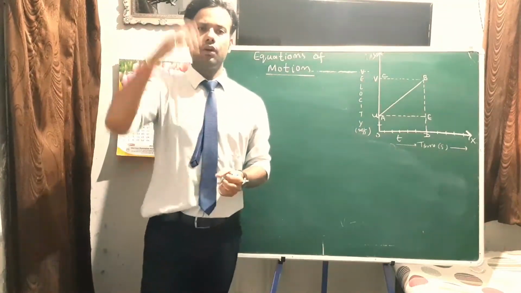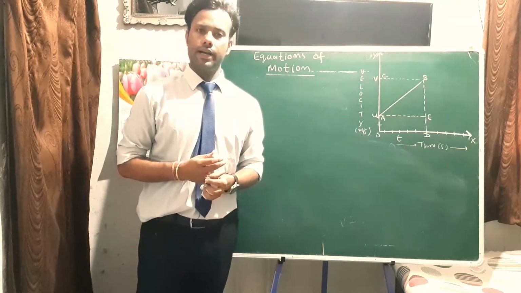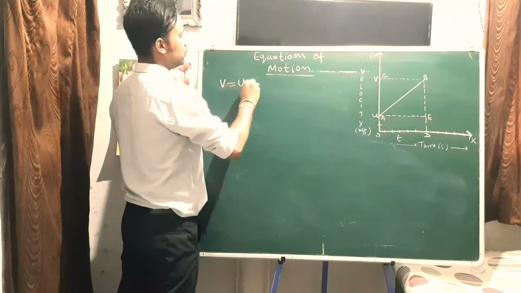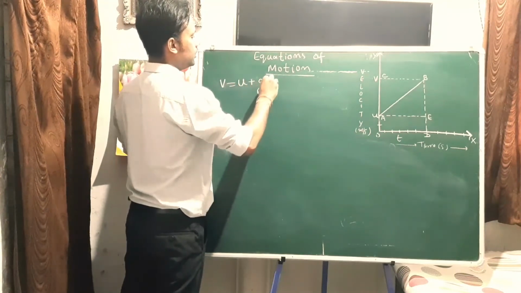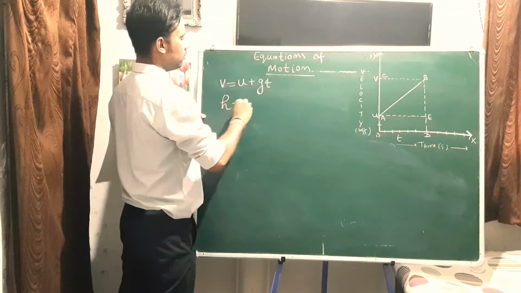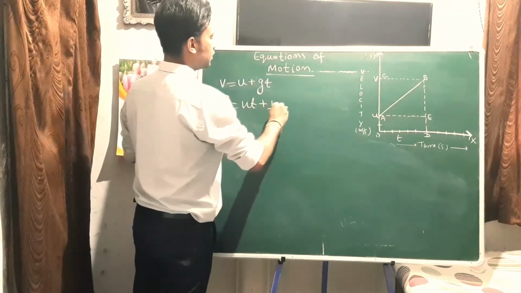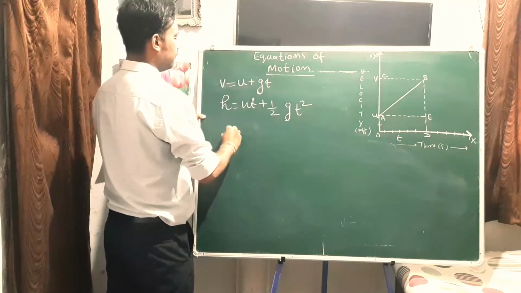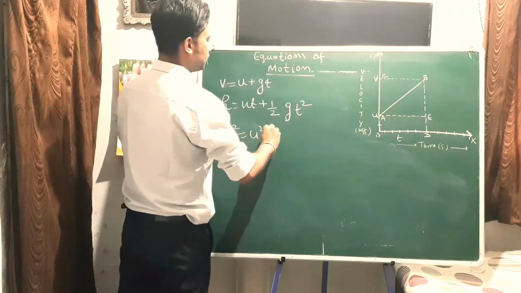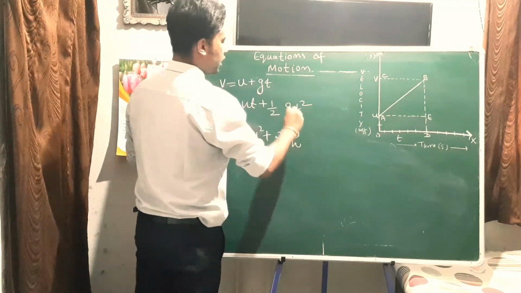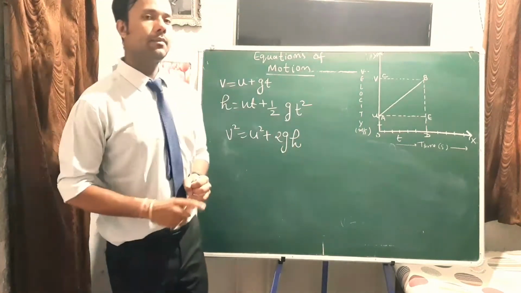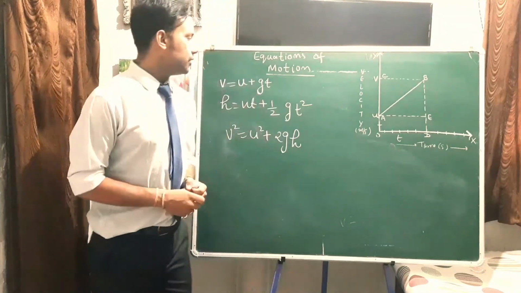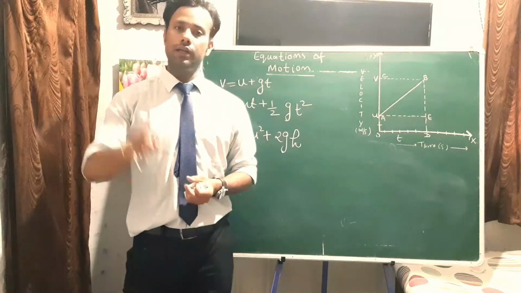If any body is falling freely from some height, then these equations will become V equals U plus GT, H equals UT plus half GT square, and V square equals U square plus 2GH. So in place of A, we replace A by G and S by H, right? So these are the equations we can apply when the body is falling freely from a height.